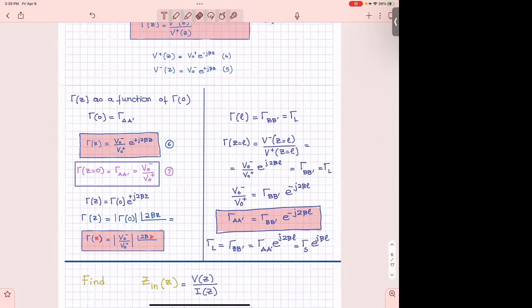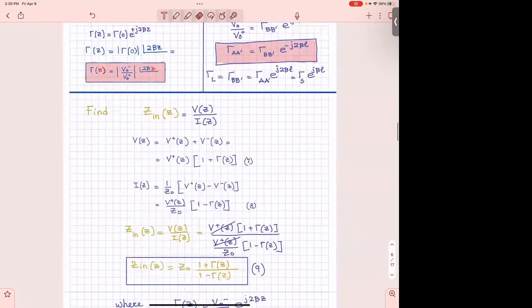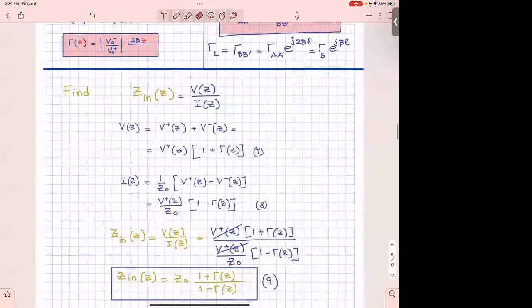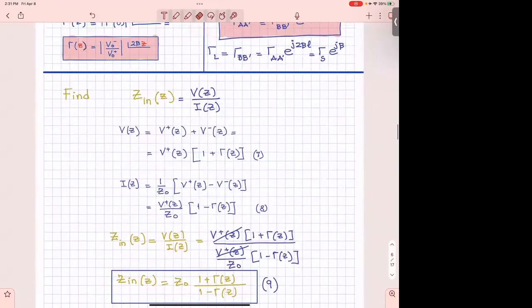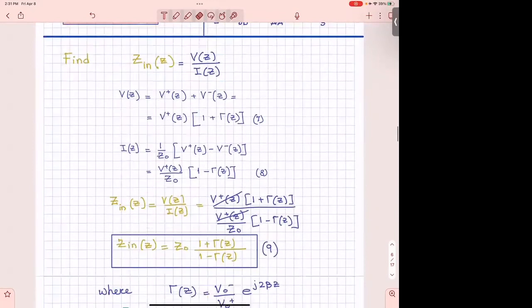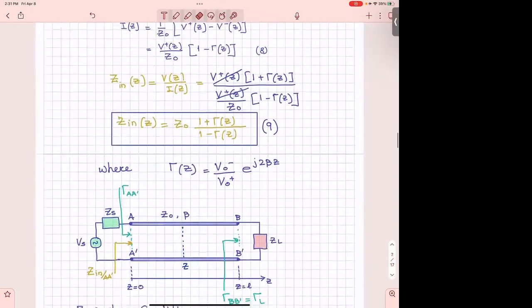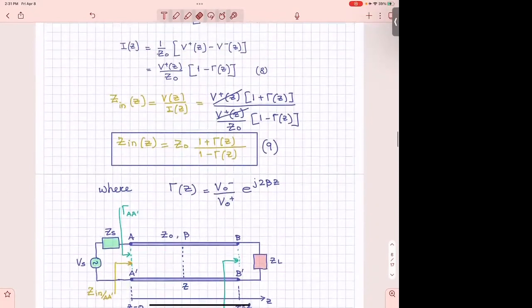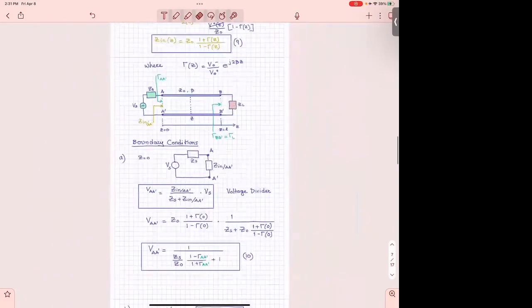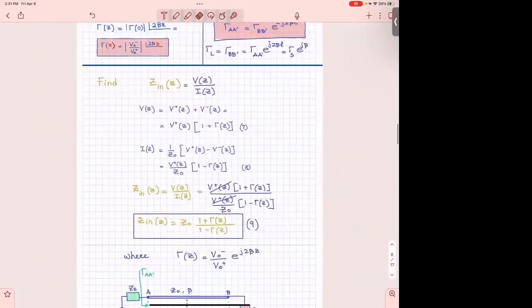And now we're going to find out what is responsible for the amplitude of the reflection coefficient. Okay. So let me do the following here. Let's find the input impedance first of all, and then we'll continue.